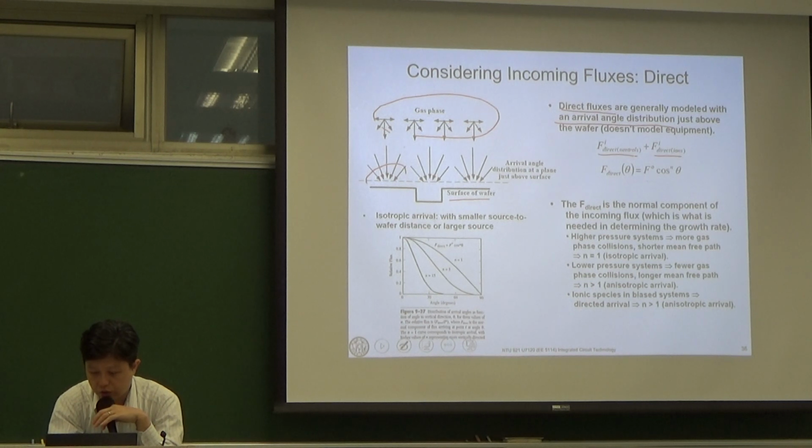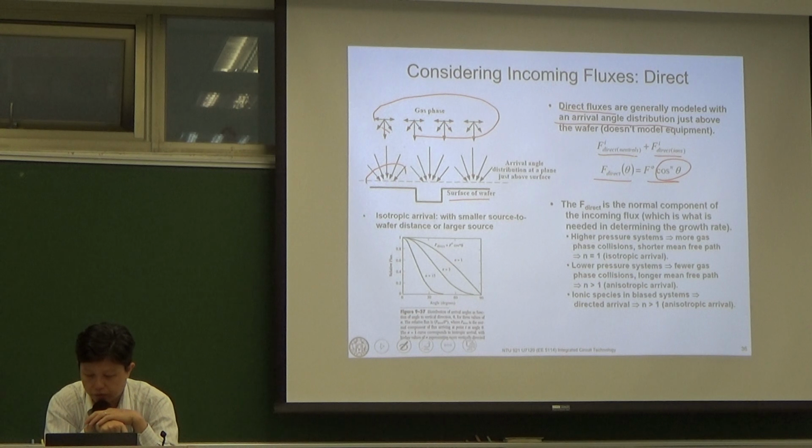We can use this cosine theta term to model this F direct as a function of arrival angles. This F direct is the normal component coming in these directions.